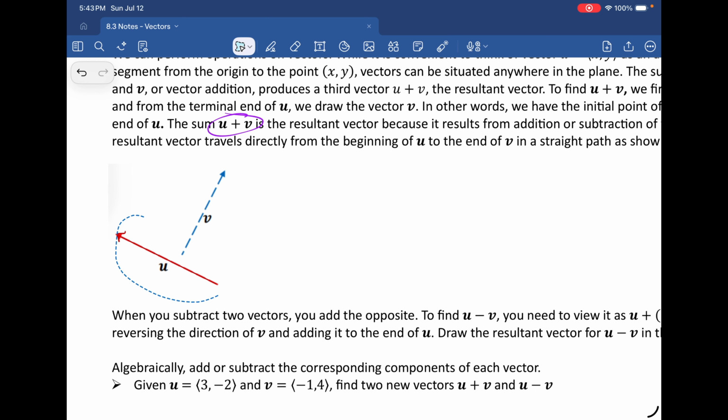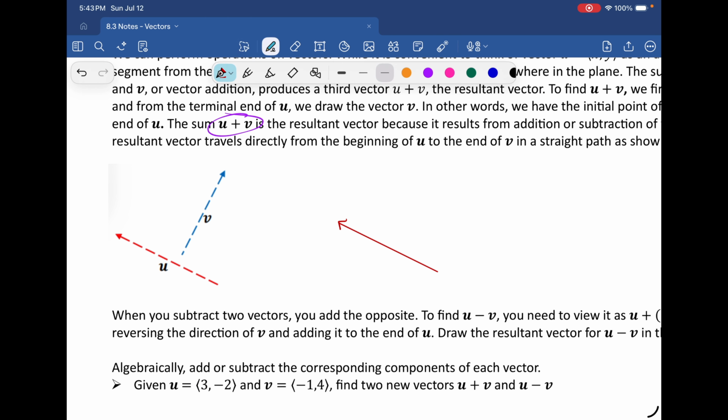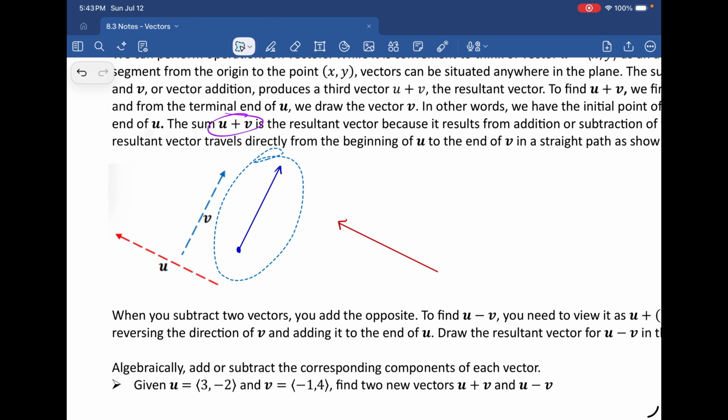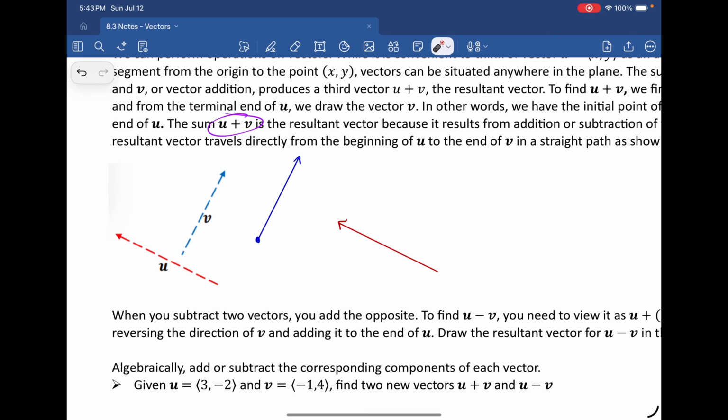And we're going to move it. Now when I draw a vector v, I'm going to go ahead and sketch that. So when I move it, my initial point here has to start on the terminal point there.